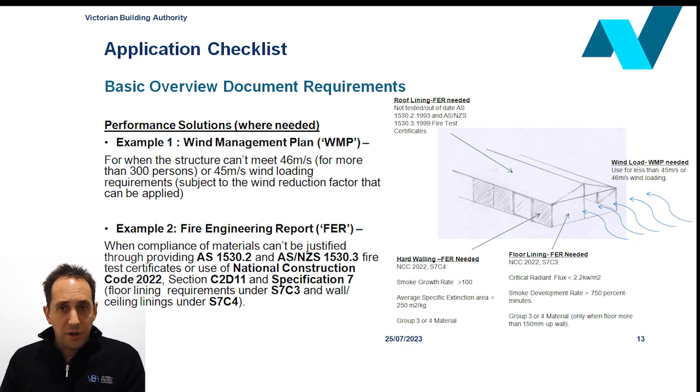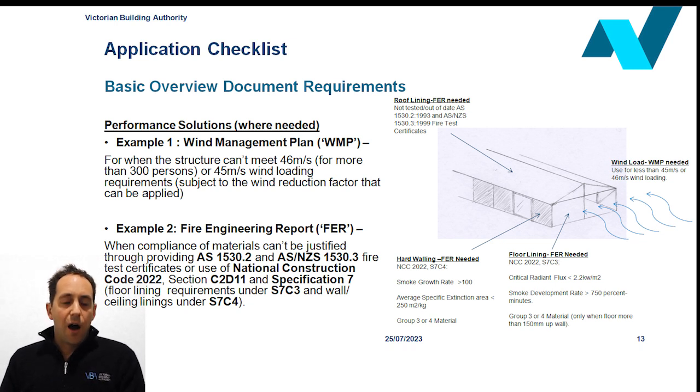The other option that you can comply with is under the NCC 2022. You can comply with C2D11 and Spec 7 or S7C4 under the National Construction Code. It was previously C1.10 and Spec C1.10. Then you may not require the fire engineering report.